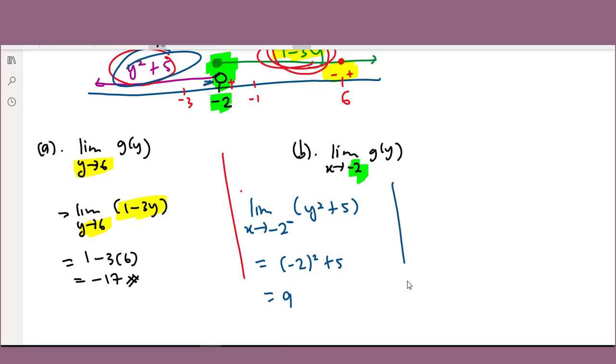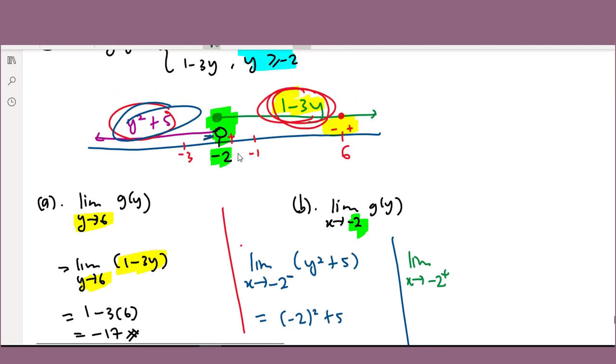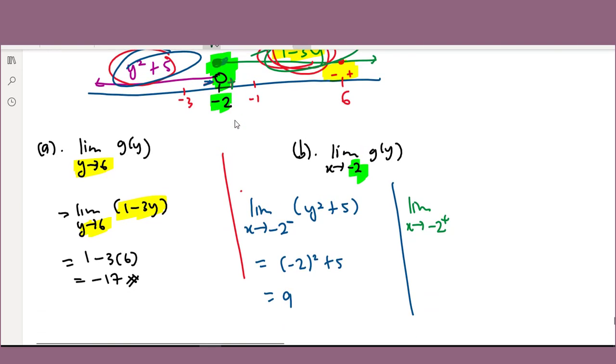And for the right-hand side, the limit as y approaches negative 2 from the right. To the right of negative 2, the function is 1 minus 3y. Then substitute 1 minus 3 times negative 2, and then 6 plus 1 is 7.